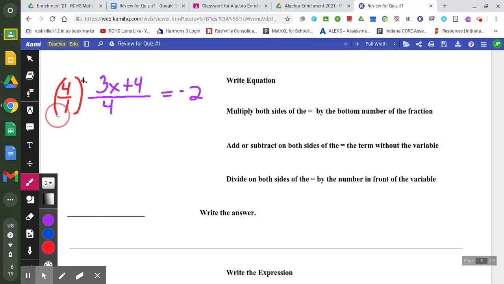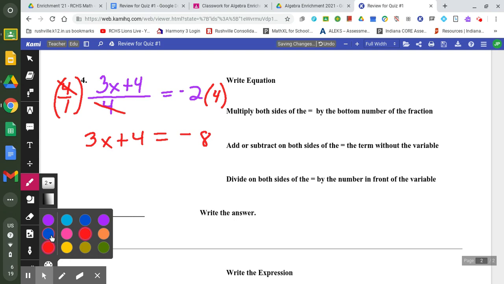So I am multiplying by 4 on both sides of the equal sign. I do that so that this 4 on top and that 4 on bottom cancel, and all I have left is this 3x plus 4. And then on this side of the equal sign, I'm multiplying negative 2 times positive 4 to get negative 8.